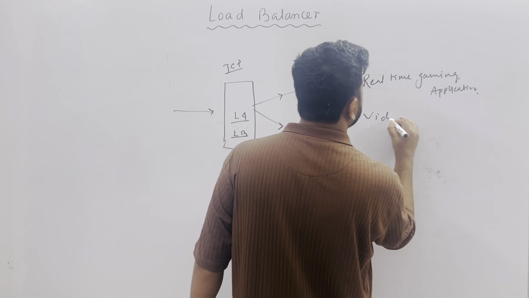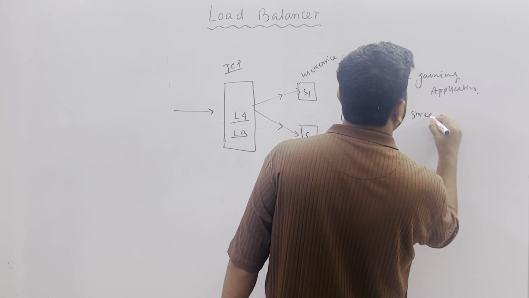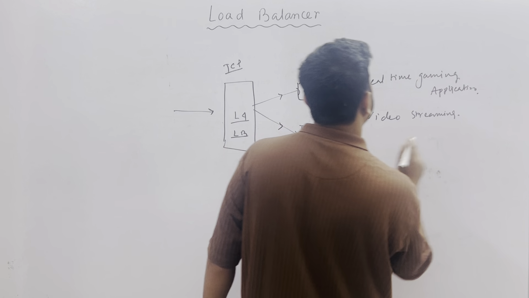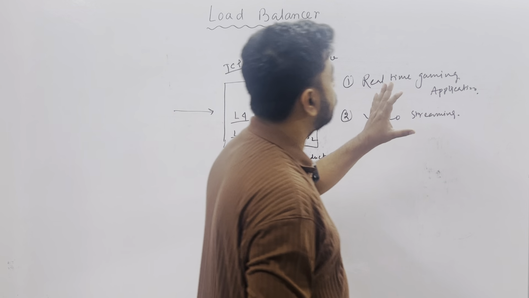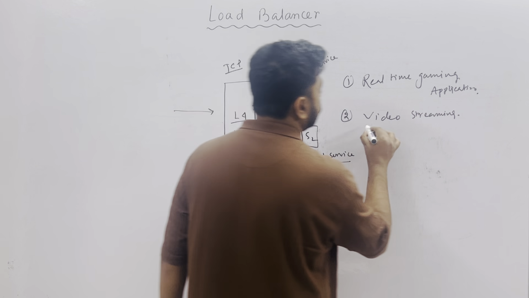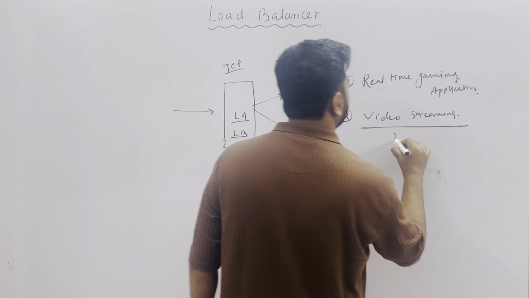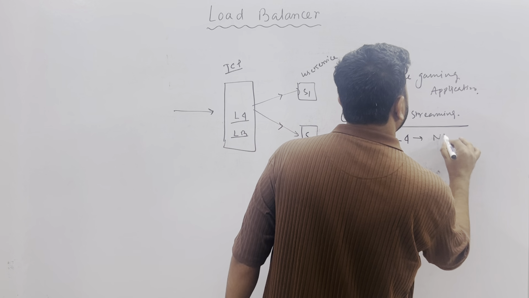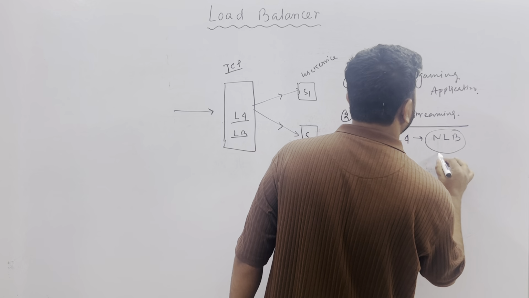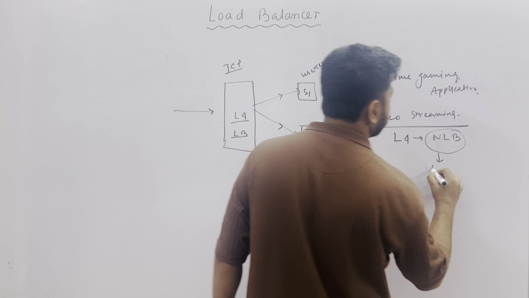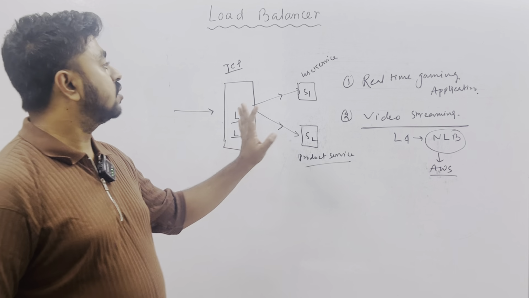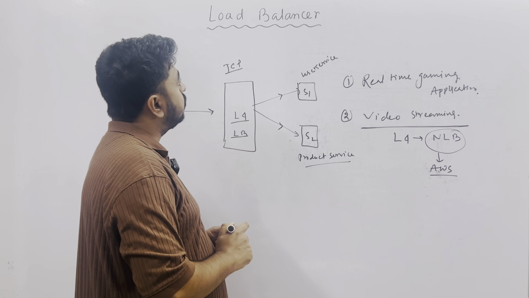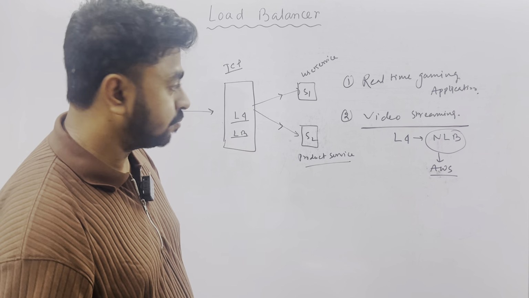Another is video streaming. There you have to use L4 or the network load balancer, NLB. NLB is a managed load balancer service provided by AWS, Amazon Web Services. So, this is the basic overview of the L4 load balancer.